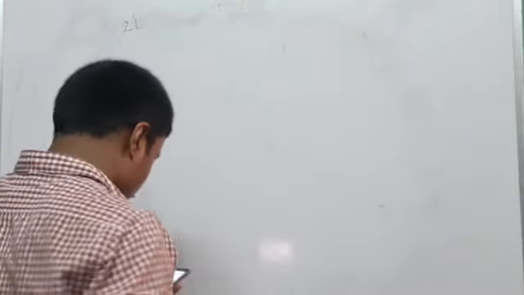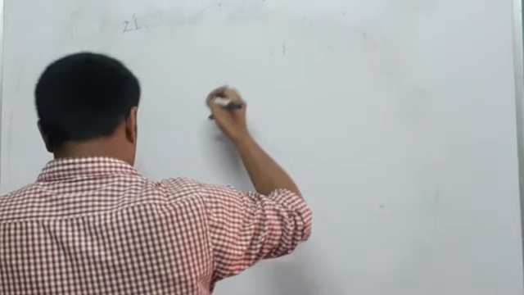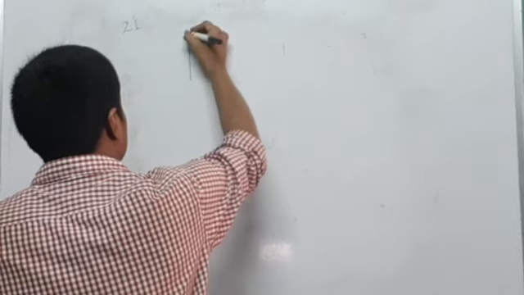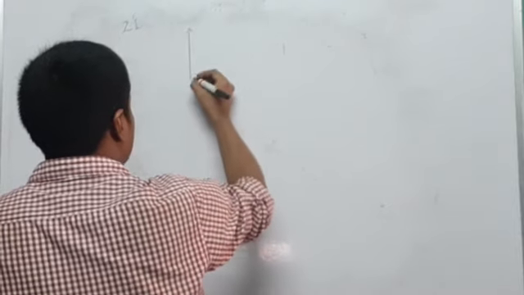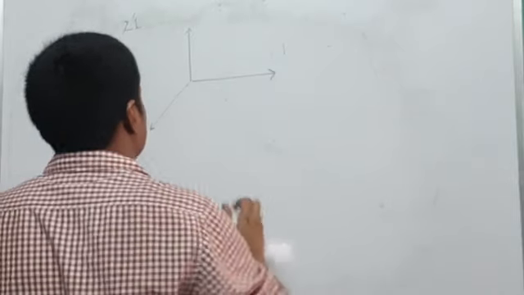So it says a thin square loop. Let's draw. Let us draw the coordinate axis first.